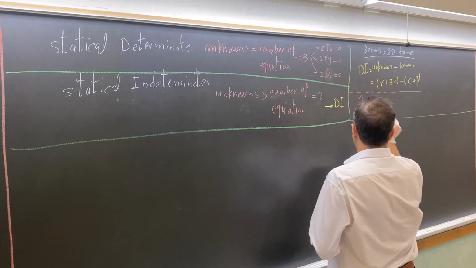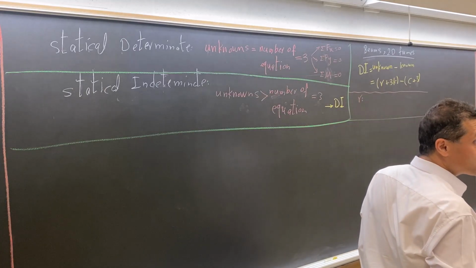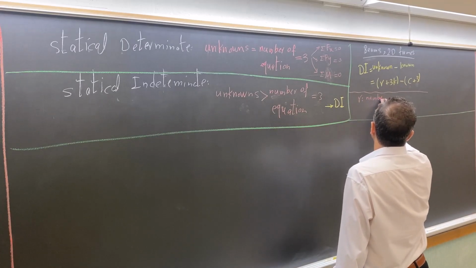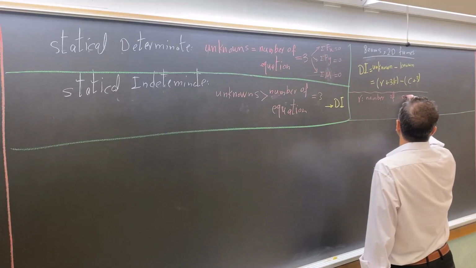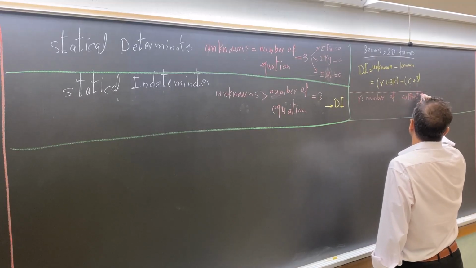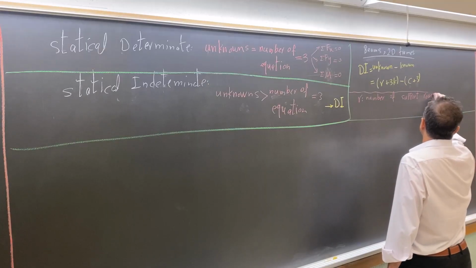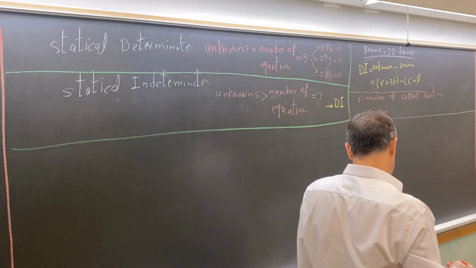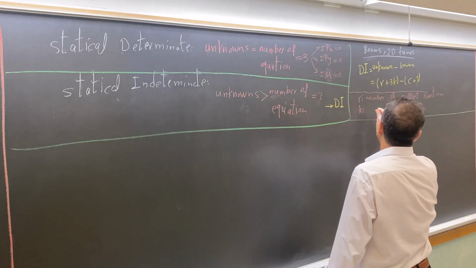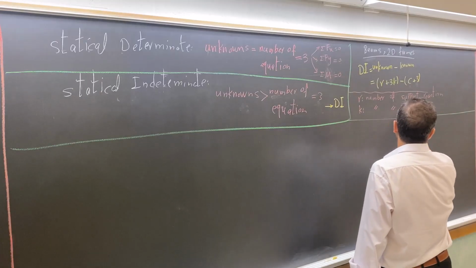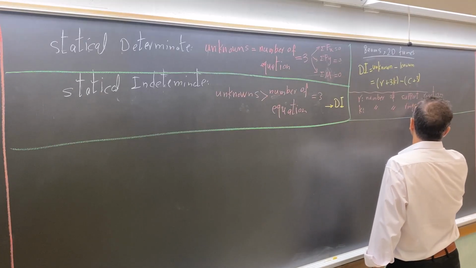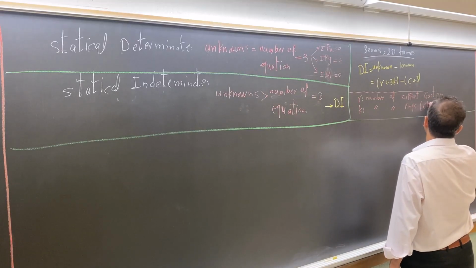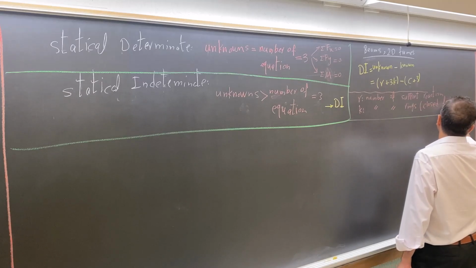R is the number of support reactions, which are unknown. It depends if you have a fixed support, if you have a pin support, etc. K is the number of rings. I know you are not familiar with rings, we will discuss it. Or some people call it a closed loop.